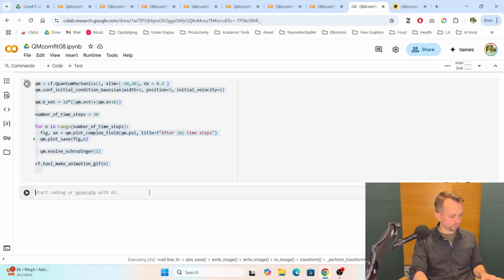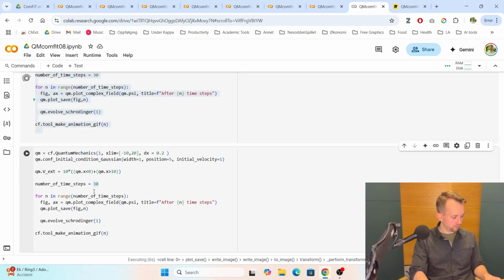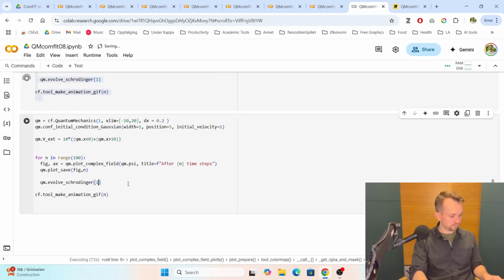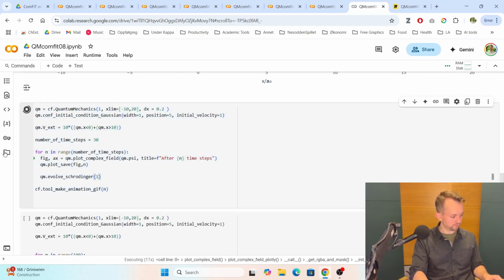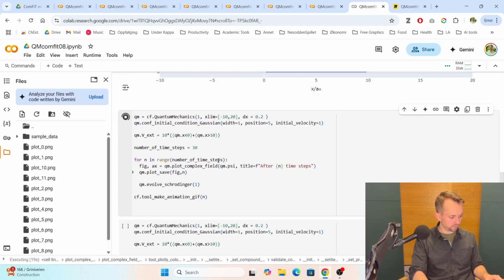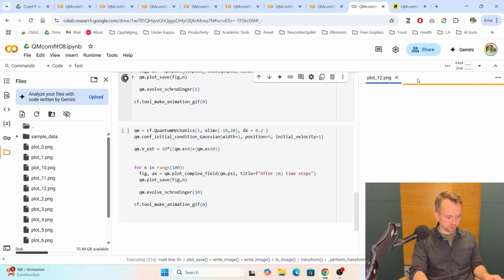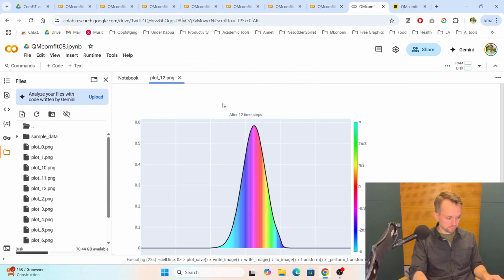I'm also going to create one where I am evolving for longer and speeding it up by a factor of 10 just to see what happens. Let's have a look at the pictures so far.